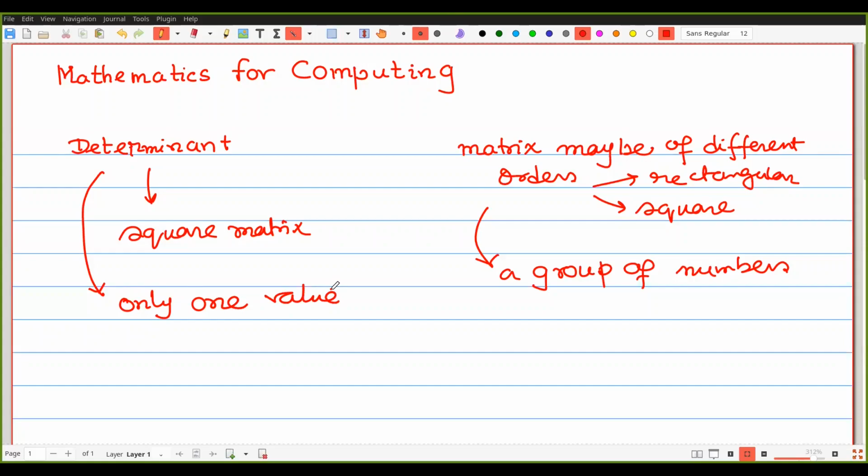Although a determinant looks like a matrix with different elements, practically the determinant represents only one value, and that is called the value of the determinant.